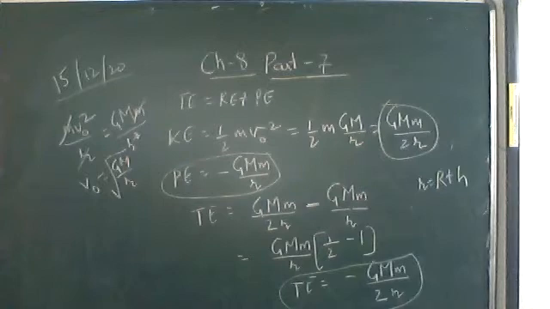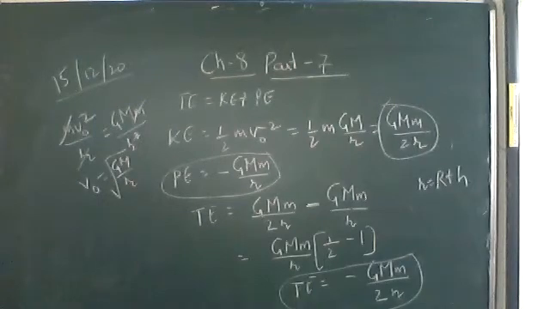So kinetic energy you get to be capital G, the gravitational constant, into capital M into small m, which is the mass of the satellite, upon 2r. R is the orbital radius, which is equal to the radius of the Earth plus the height.